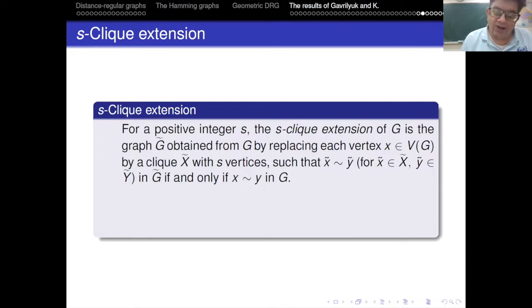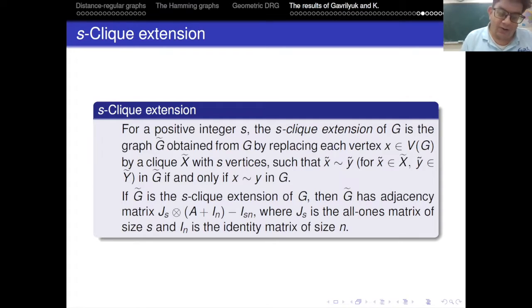The S-clique extension of a graph T is the graph T tilde obtained from T by replacing every vertex X of T by a clique X tilde with S vertices, such that any two vertices in X tilde and Y tilde are adjacent if and only if X and Y are adjacent in T. So if you take for every vertex a clique, then you find all the edges if they were adjacent before, and no edges if they were not adjacent.